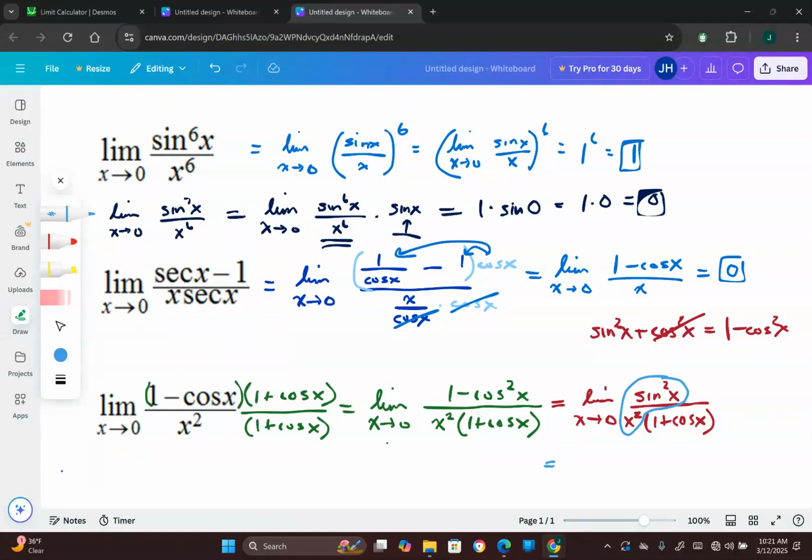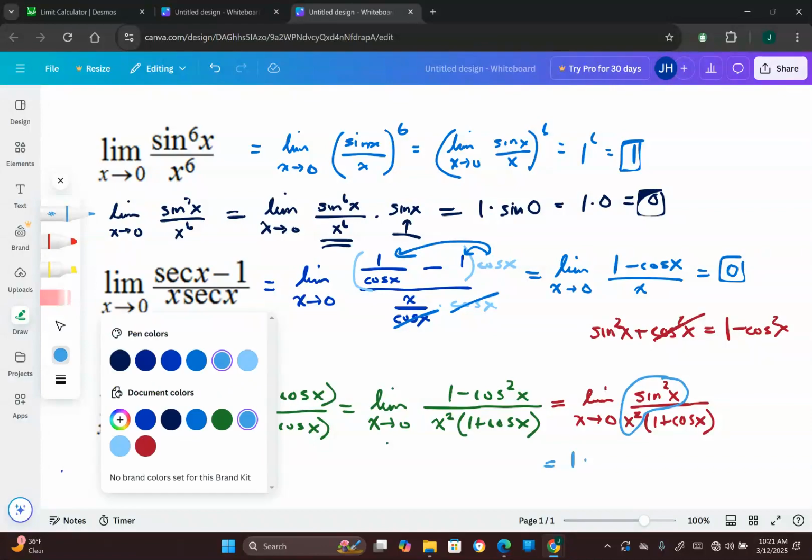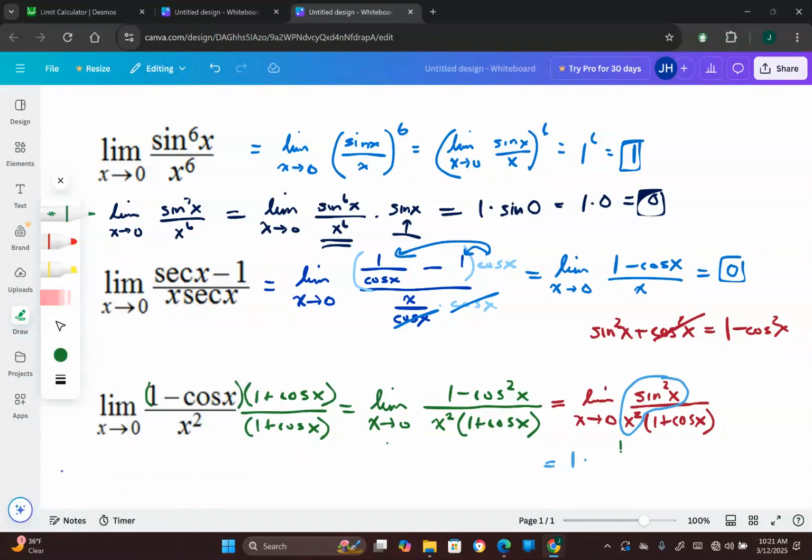That limit is 1. Now, what about the cosine? Well, think of it as a fraction, 1 over 1 plus cosine of 0. What is cosine of 0? Cosine of 0 is 1. If we work this out, the limit comes out to be 1 over 2, 1/2. Hopefully this gives you an indication of some of the things you may have to do with limits and trig.